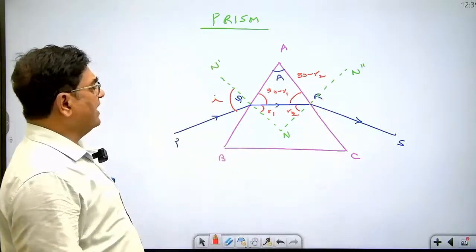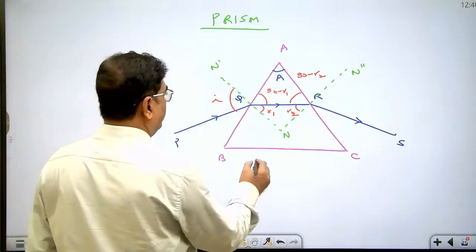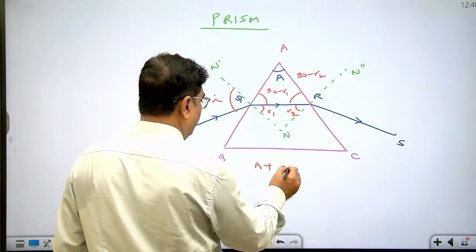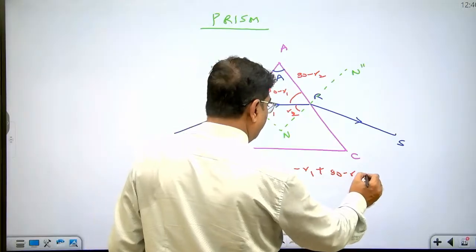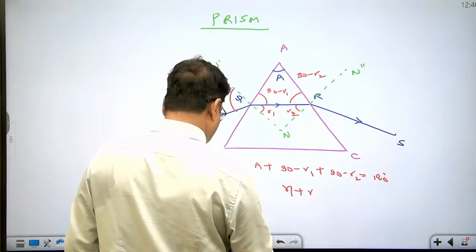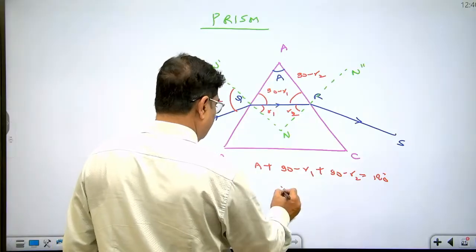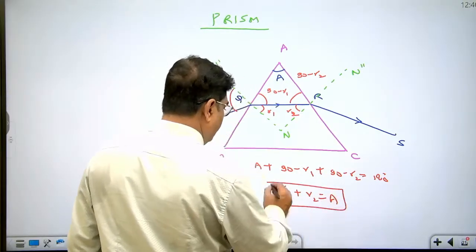In the triangle AQR, the sum of the three angles is 180 degrees. So we get A plus 90 minus R1 plus 90 minus R2 equal to 180. So finally we get R1 plus R2 equal to A. This is one equation, okay?